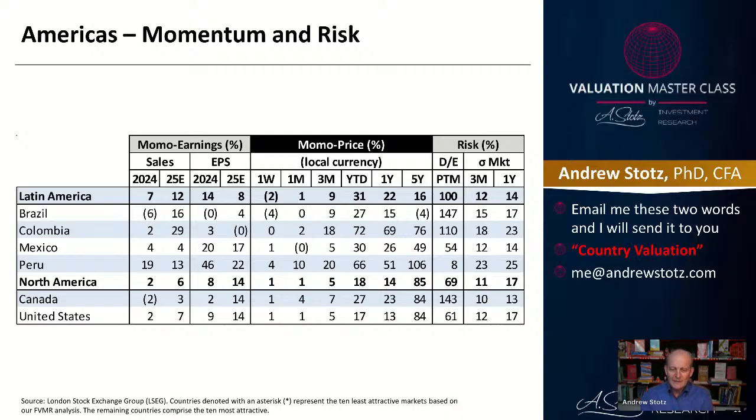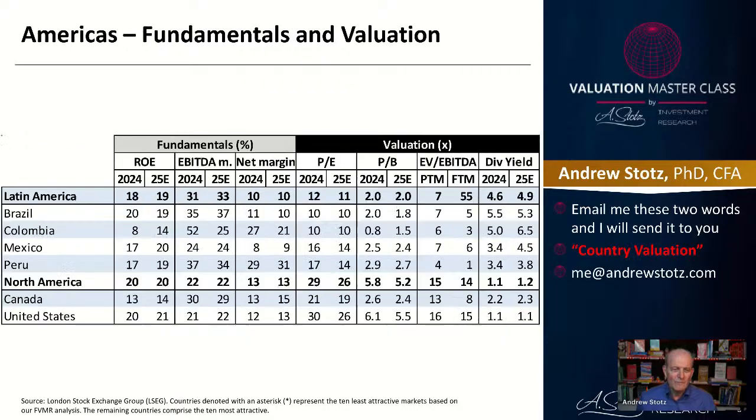Peru, almost no debt, and America's debt at 61%, or a ratio of debt to equity. It's very reasonable. This will tell you that we probably don't have a crisis in the US in relation to debt at corporates. And finally, the most volatile markets are Peru and Colombia, and Canada is the lowest volatility, and the US is relatively low. So this gives you a picture of what I look at.